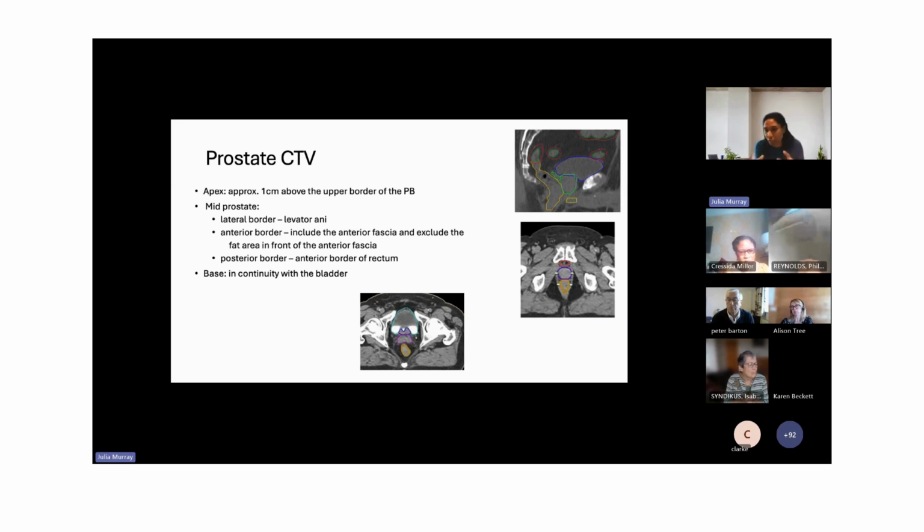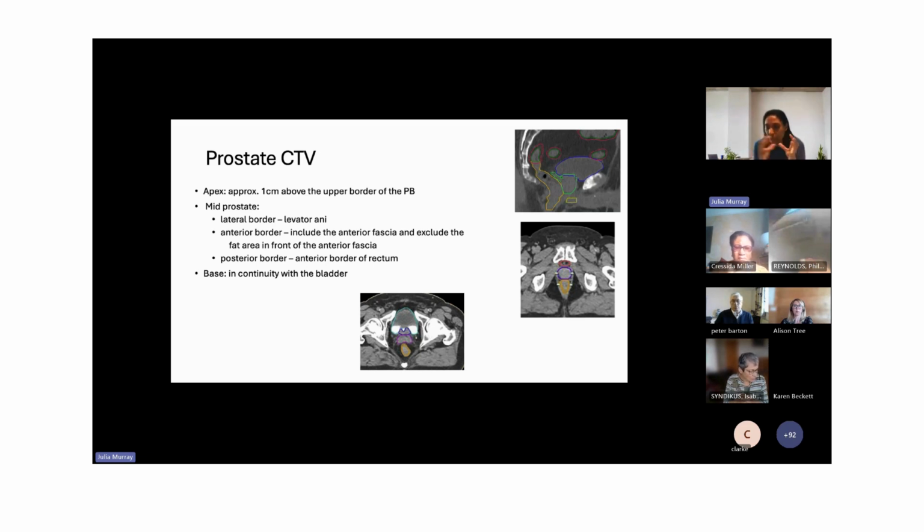If you're not using an MRI, make sure you encompass the fascia, and sometimes you will end up including the venous plexus within that contour. As they mentioned, 25% of prostate cancers include the transition zone and can sometimes breach that anterior fascia. And then, as we know, the posterior border is very much the anterior border of the rectum.